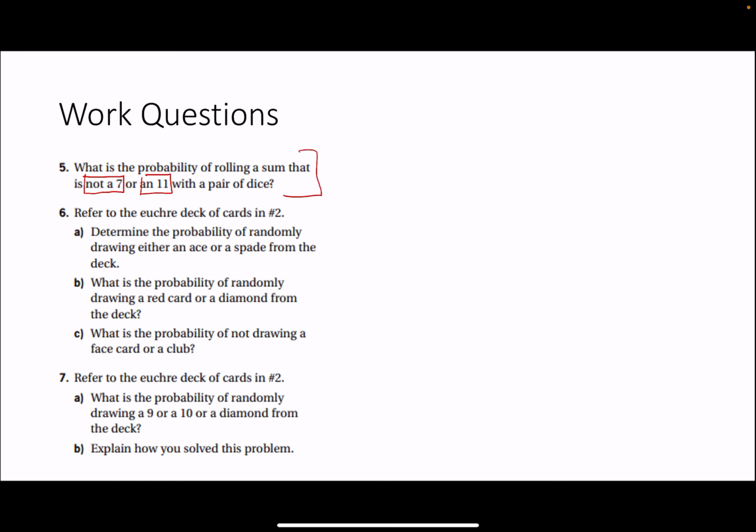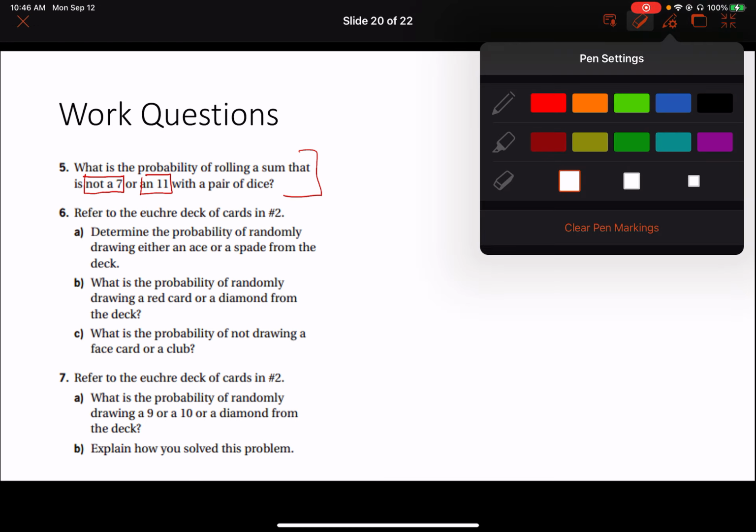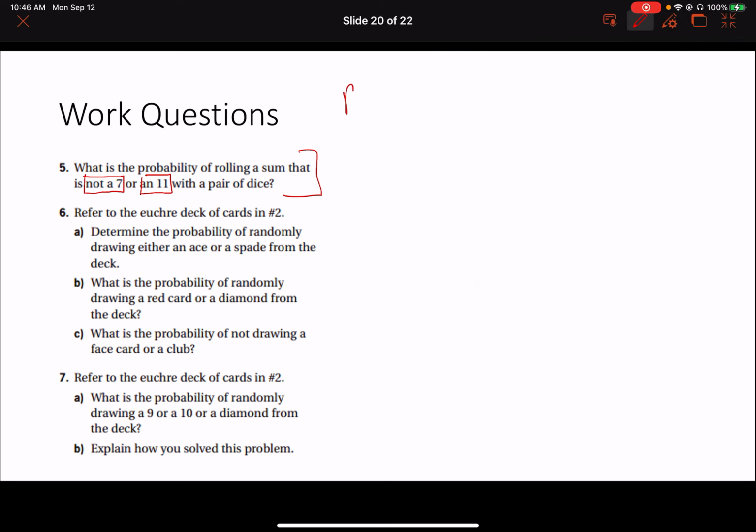The probability it's not a 7. Well, first of all, is it mutually exclusive? Okay, well, the probability of rolling a 7 is, we already did it on our thing.